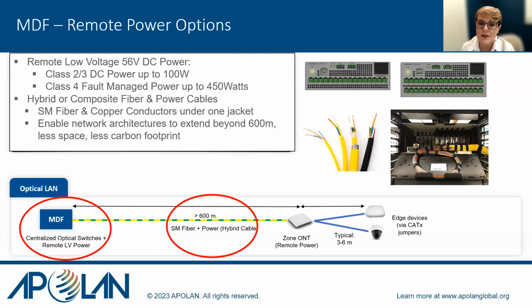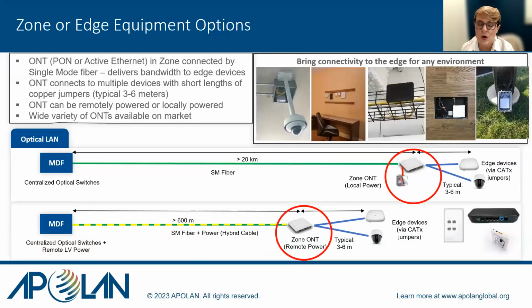Then last but not least, we're going to go in the next slide to the edge, or what happens at the zone. So this is really a fiber to the edge or fiber to the zone kind of optical LAN technology we're referring to. Because many of the devices, as Mike said, still require that PoE copper cable interface.